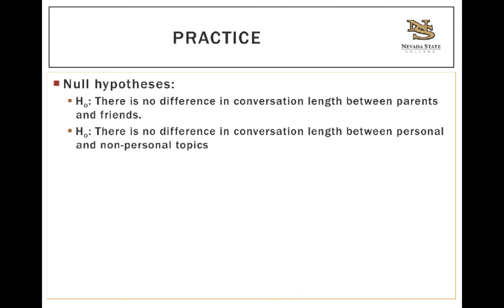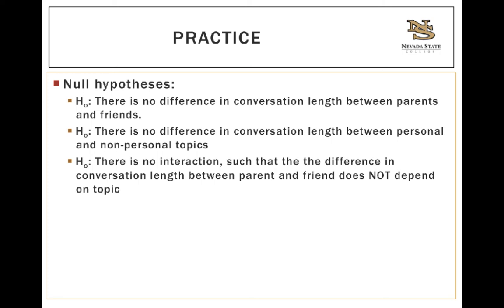So the way we would do it here is saying there is no interaction, and I'm going to put it in some more informal language, such that the difference in conversation length between parent and friend does not depend on the topic.